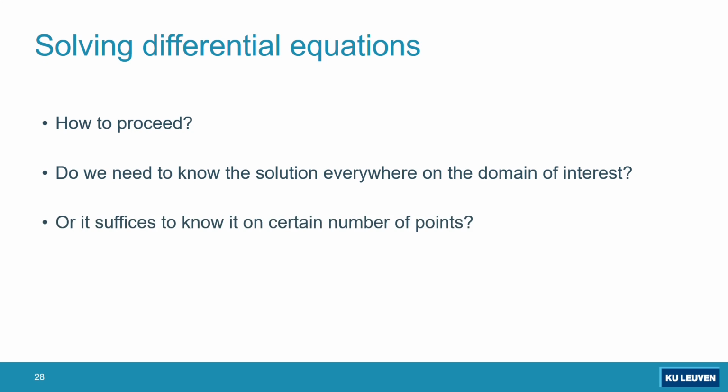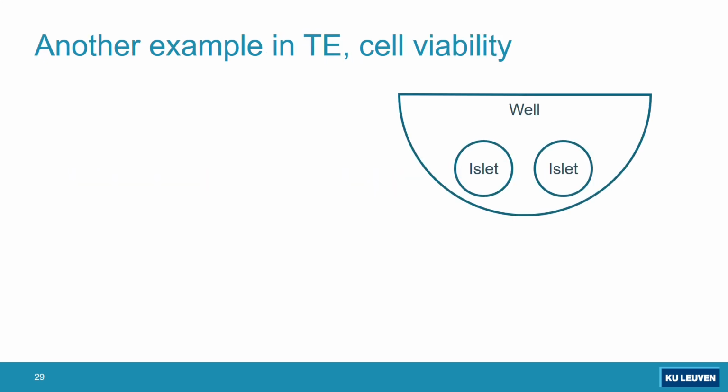To answer this question, let me give you another example in tissue engineering for cell viability. As I discussed, we put a group of cells inside a well, and oxygen supply is provided on the surrounding. And then we want to have a function defined, C here, as I showed you, a function of X, Y, and T in 2 dimensions.